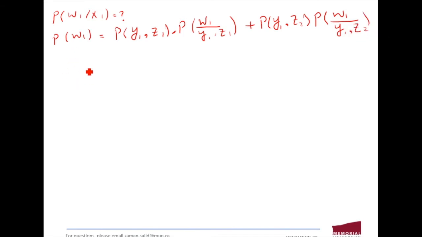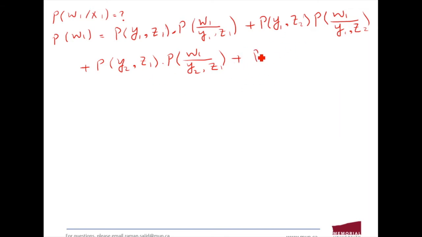The third term should be the probability of the combination of Y2 and Z1 times the probability of W1 given that we have Y2 and Z1, plus the last combination, which will be Y2 and Z2.